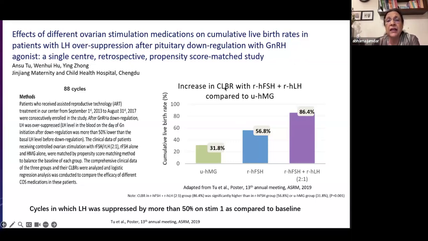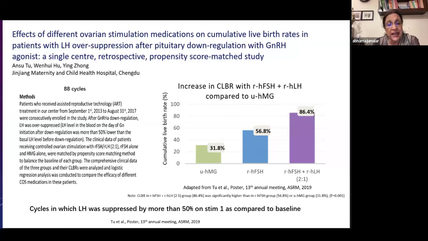So you see an increase in cumulative live birth with recombinant human FSH and recombinant human LH compared to urinary HMG. This is urinary HMG, only FSH, FSH plus LH. So the cumulative live birth goes on increasing when we add recombinant LH in the ratio of 2:1.